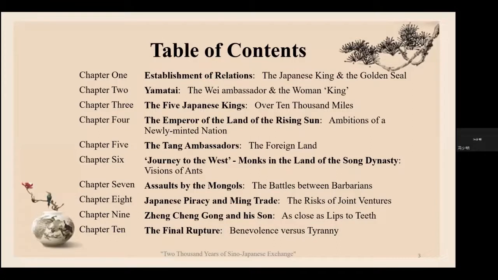Sometimes it may not be possible always to give the definite meaning in English, but we can see, for example, chapter 3, over 10,000 miles. We may be thinking, what does it mean by over 10,000 miles? And chapter 5, the Tang ambassadors, why is it called foreign land? So there are specifics about the Chinese language itself that make it very special for the meaning of these words.